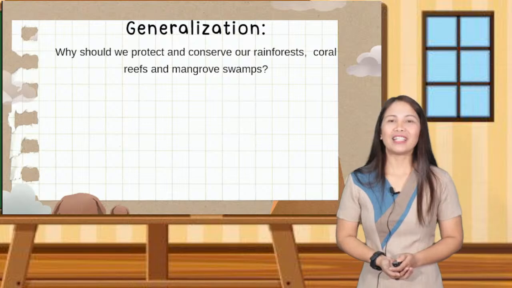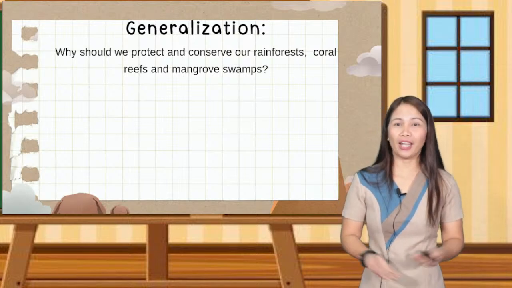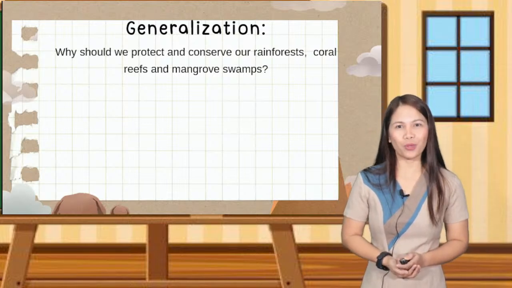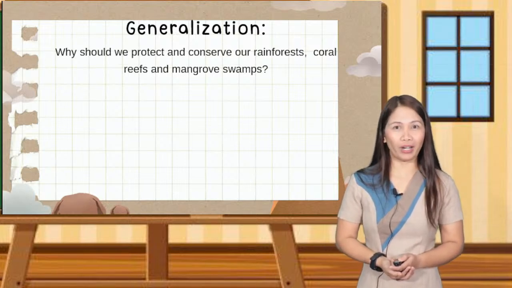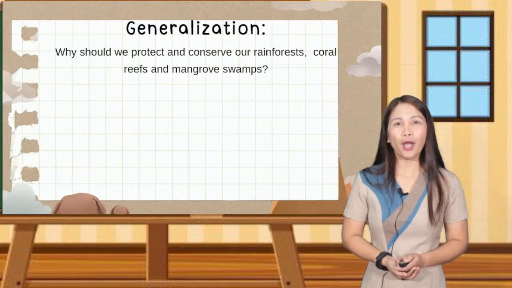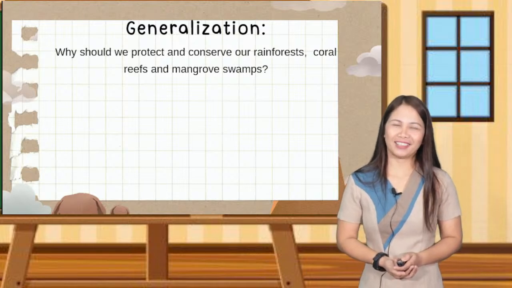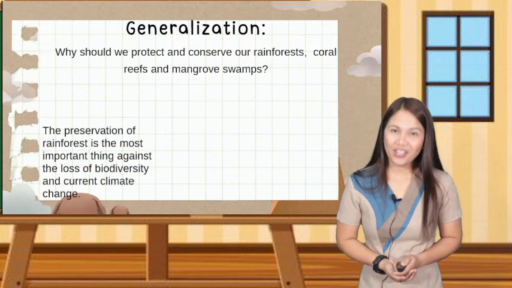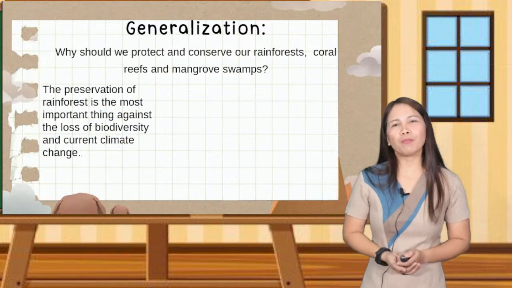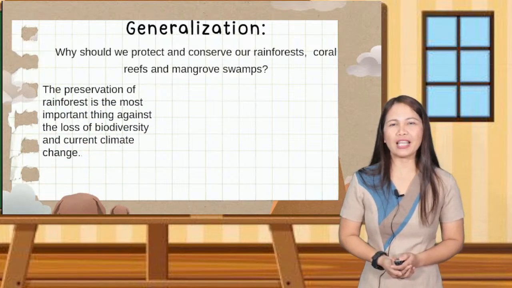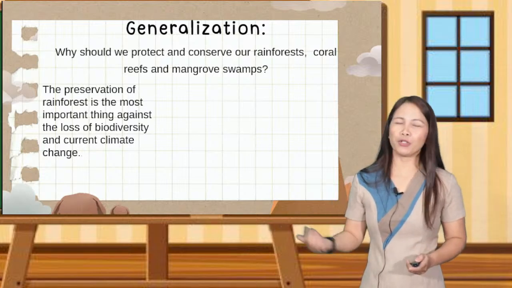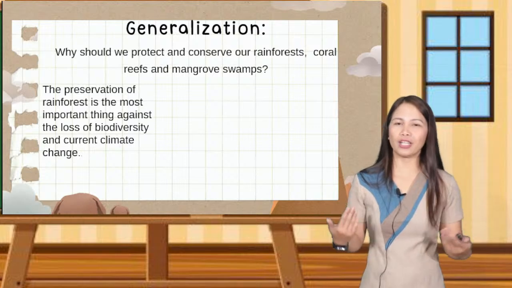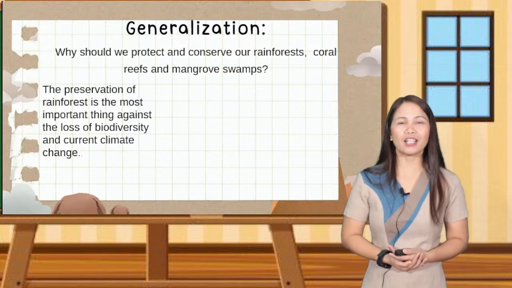Now, grade 6 learners, and of course to our online viewers, why should we protect and conserve our rainforests, coral reefs, and mangrove swamps? Correct. The preservation of rainforests is the most important thing against the loss of biodiversity and, of course, the current climate change.